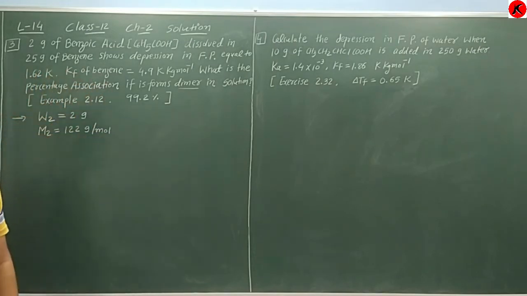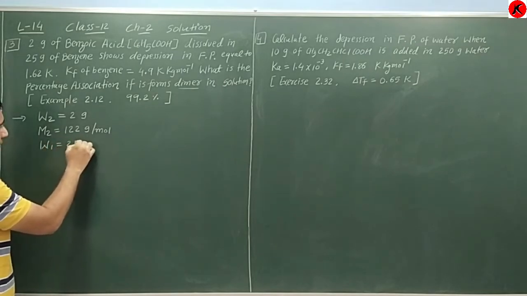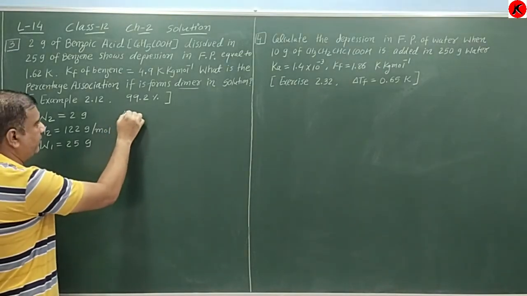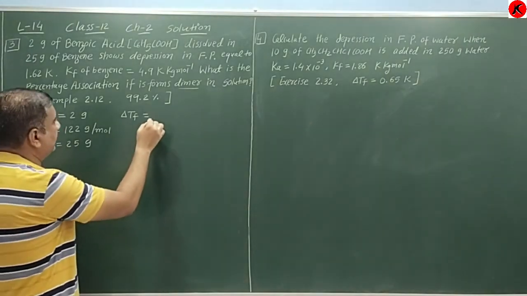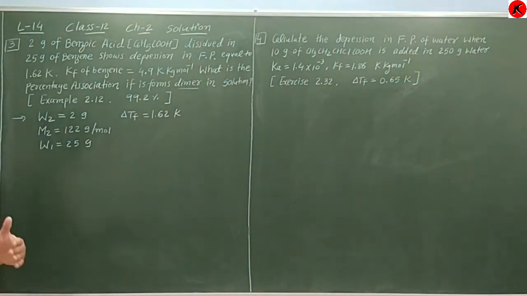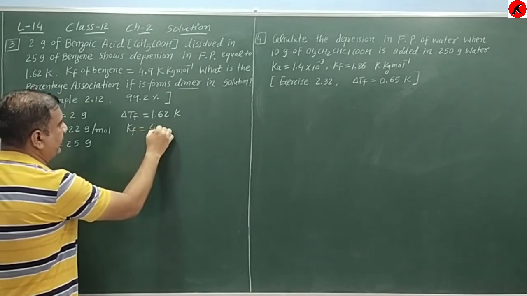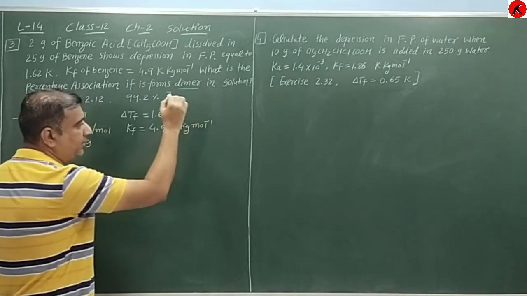The mass of solvent is 25 gram. The depression in freezing point, delta Tf, is given as 1.62 Kelvin. Now Kf for benzene is given as 4.9 Kelvin kilogram mole inverse.